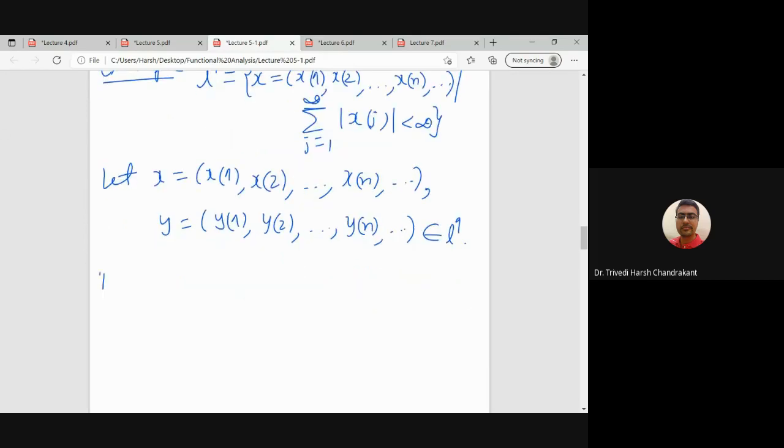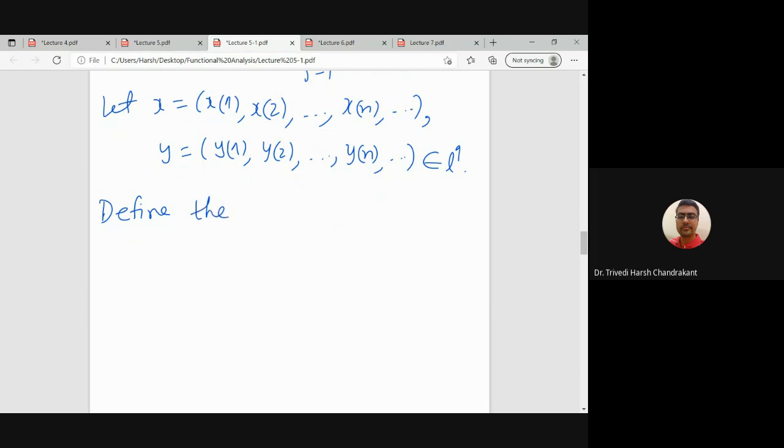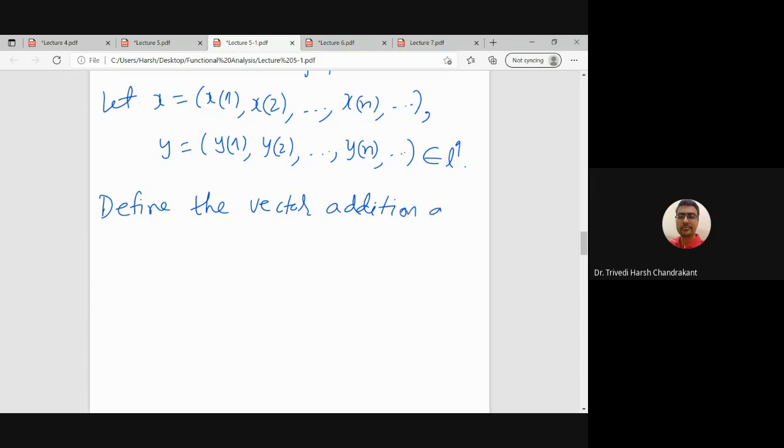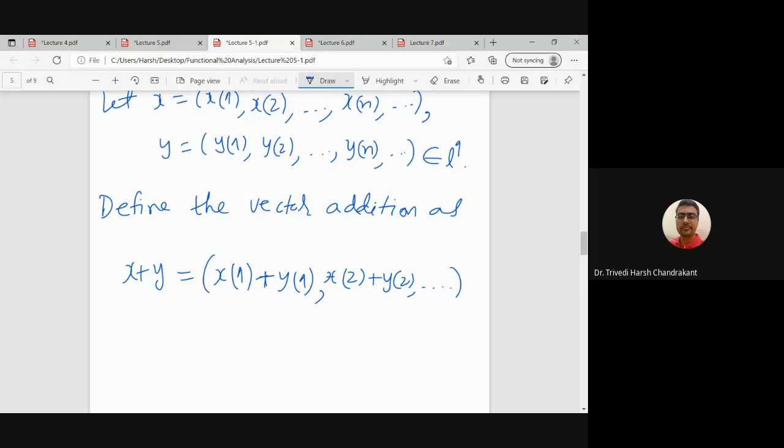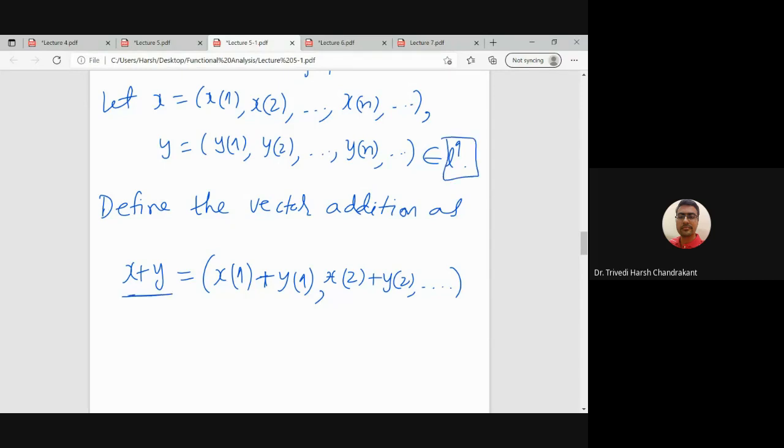So we define the vector addition as x plus y equals entry-wise addition. That means the first coordinate is the first entry addition, the second coordinate is the second entry addition, and so on.